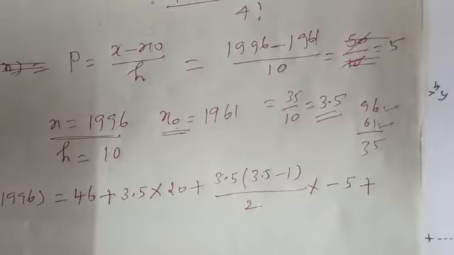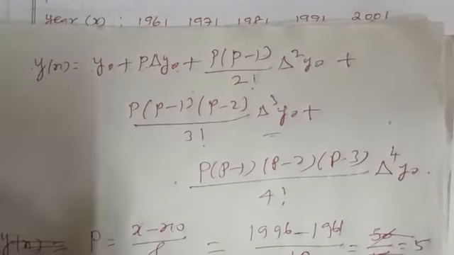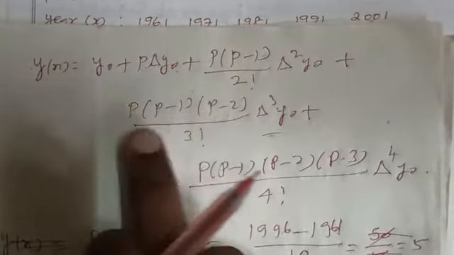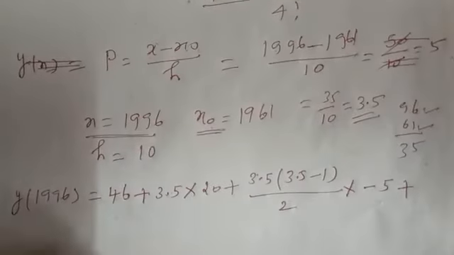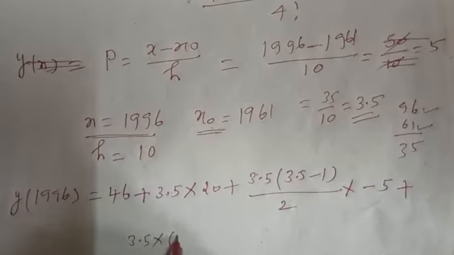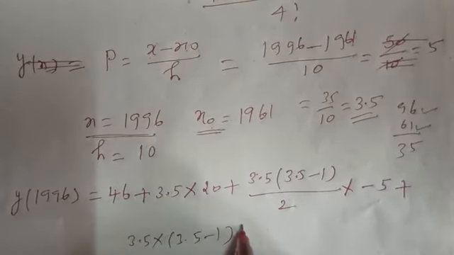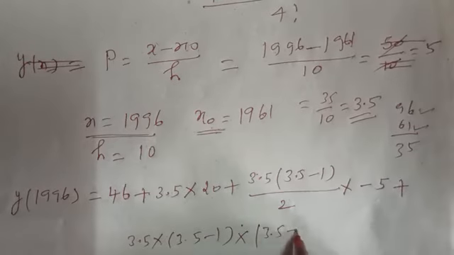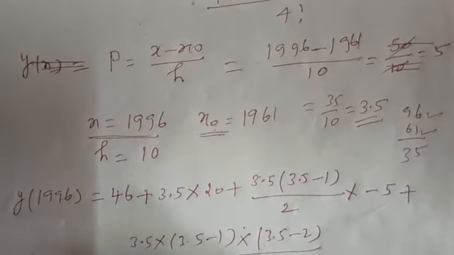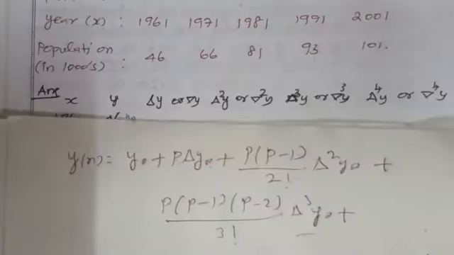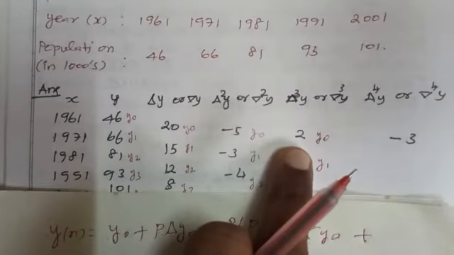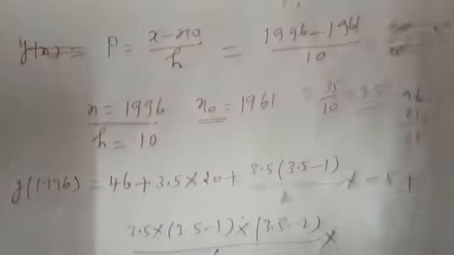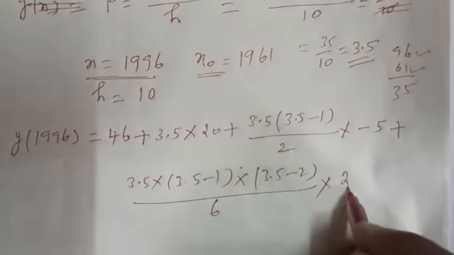Plus again p into p minus 1, p minus 2, divided by 3 factorial into delta cube y naught: 3.5 into 3.5 minus 1 into 3.5 minus 2, divided by 3 factorial, which is 6, into delta cube y naught, whose value is 2.